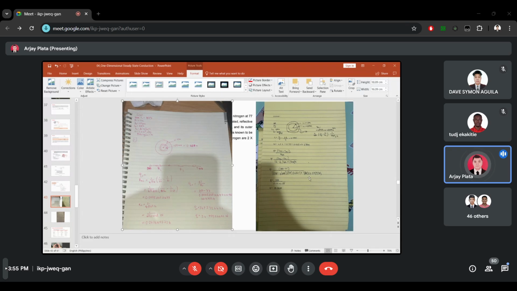With regard to Ara's solution, you both use the same formula for the total thermal resistance, but what's the difference?